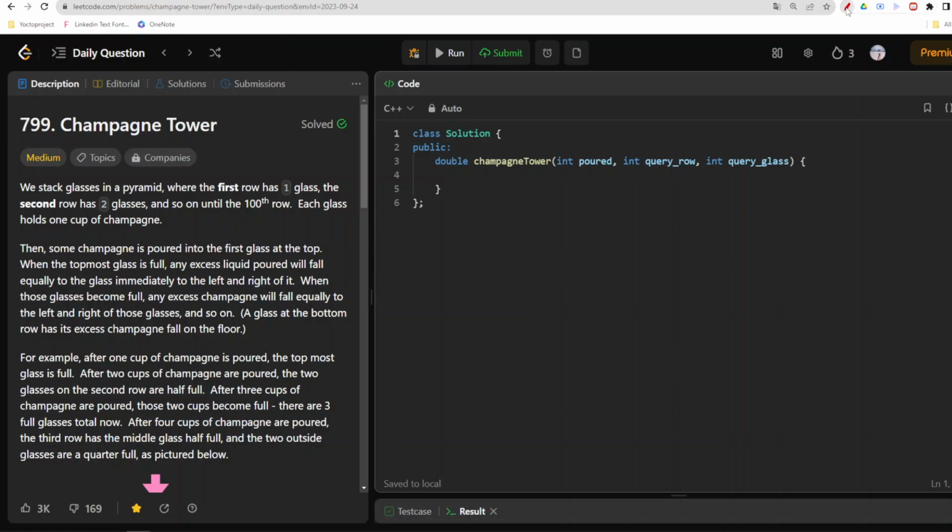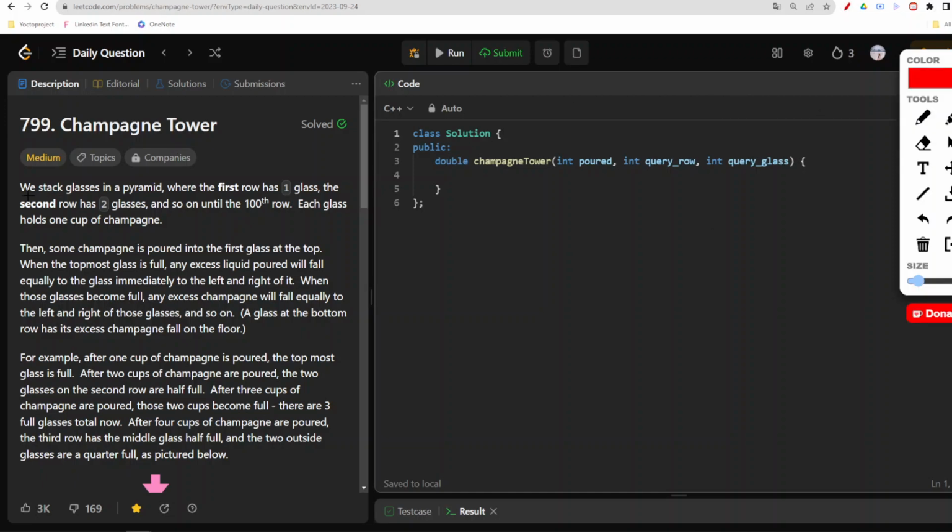So let us first read this question. Okay. So we stack glasses in a pyramid where the first row has one glass, the second row has two glasses, and so on until the 100th row. Basically, we are creating some 100 rows.